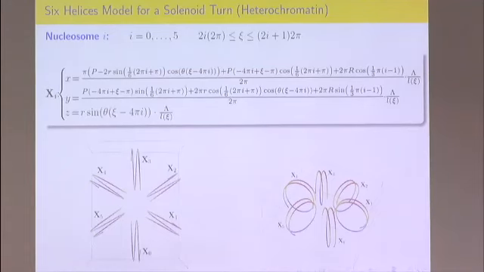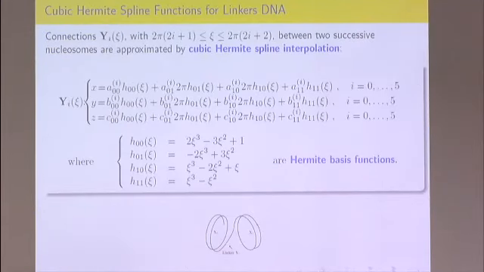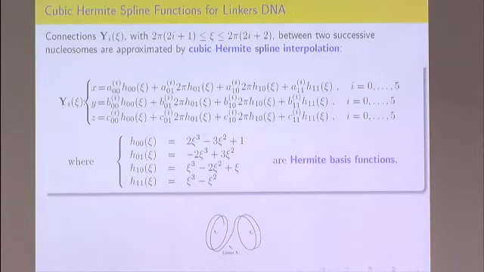So the idea is to connect the 6 nucleosomes by cubic Hermite splines according to this equation. We consider this linear combination of Hermite basis functions, which are given by this function, where A00 and A11 represent respectively the initial and the final point between two successive nucleosomes.